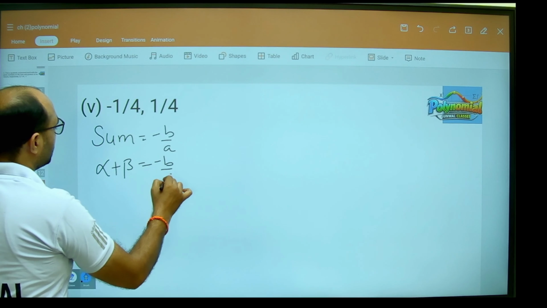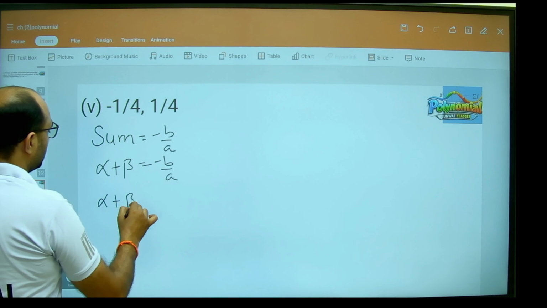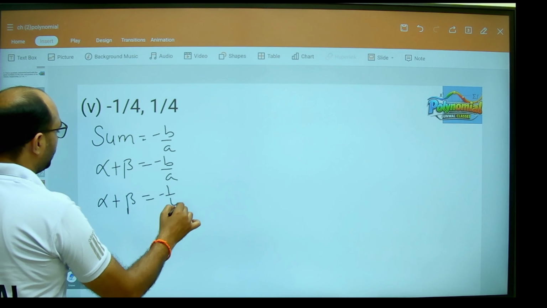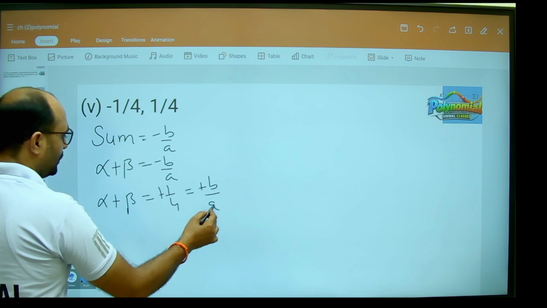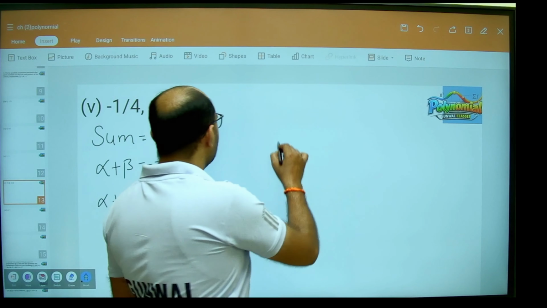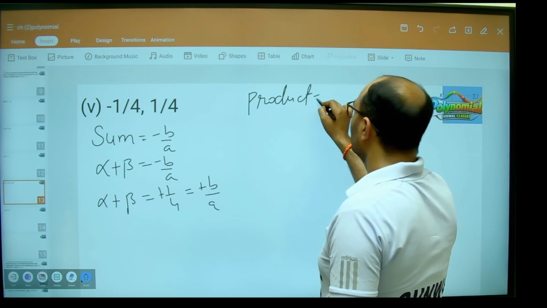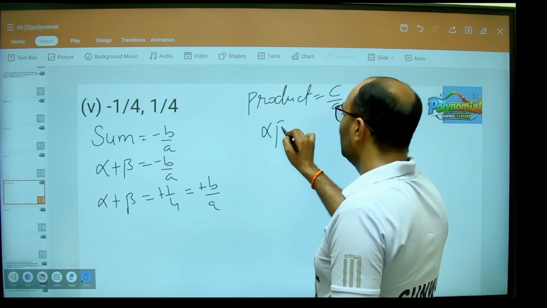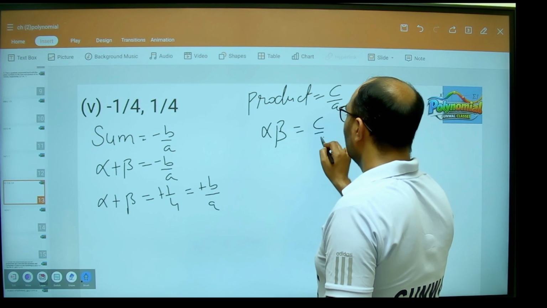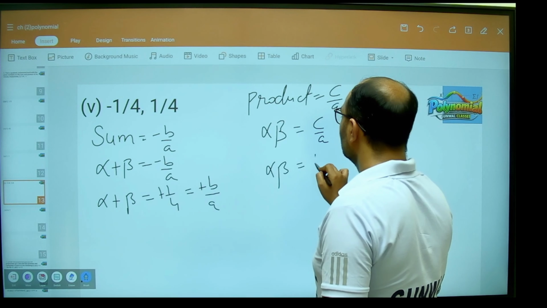Minus b by a, alpha plus beta is equal to minus 1 by 4, which is equal to minus b by a, a is equal to 4. If you compare, product is equal to c by a, alpha into beta is equal to c by a, alpha into beta is equal to 1 by 4.